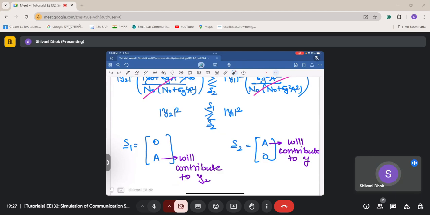And similarly, if the energy in y1 is higher than y2, then something additional is there in the first dimension, and therefore I'll decide in favor of S2. And this particular rule here is known as energy detector.